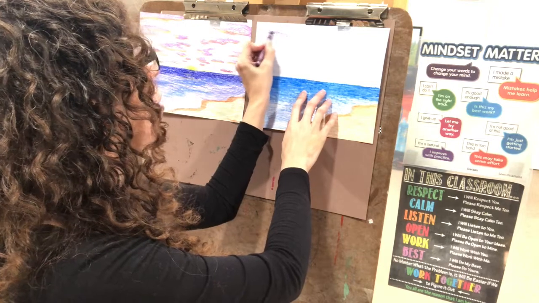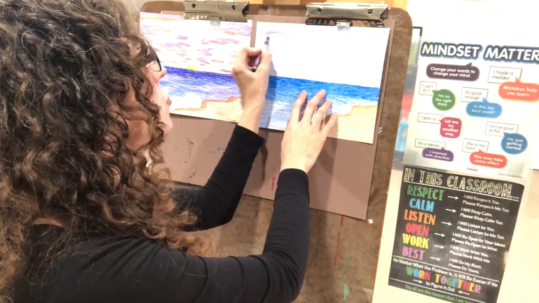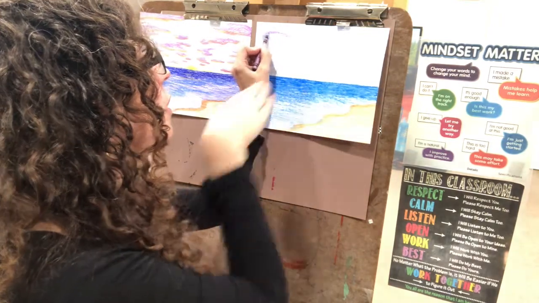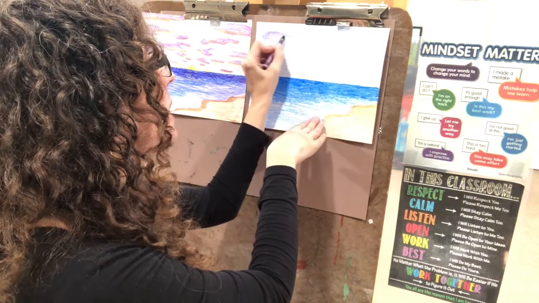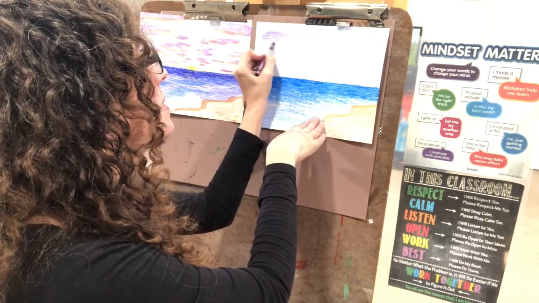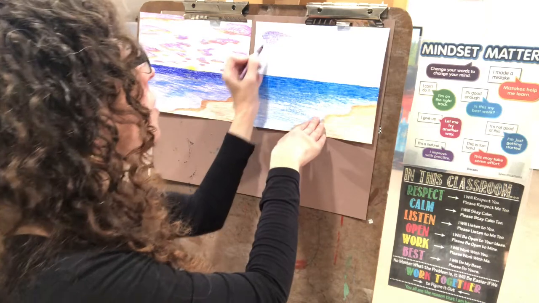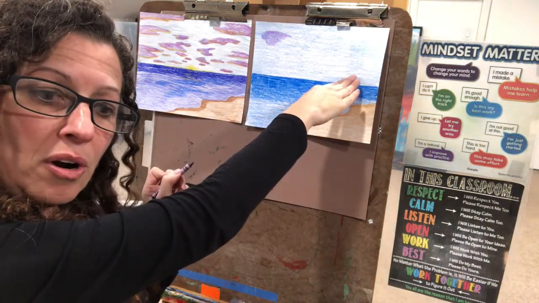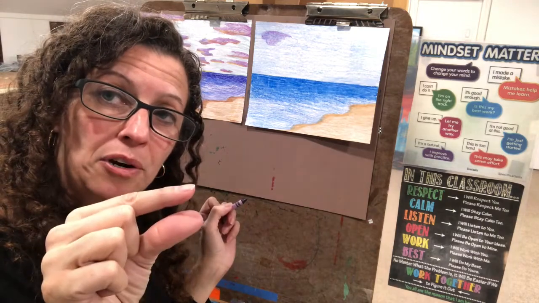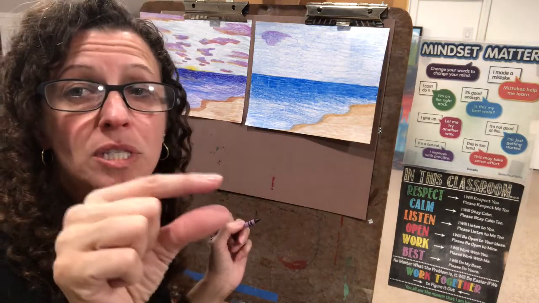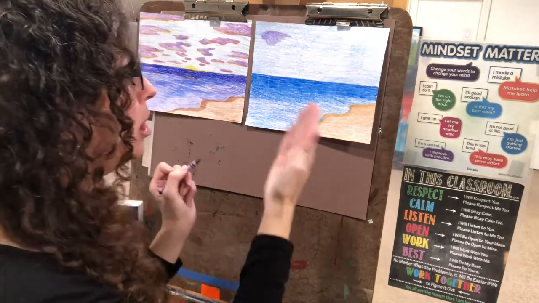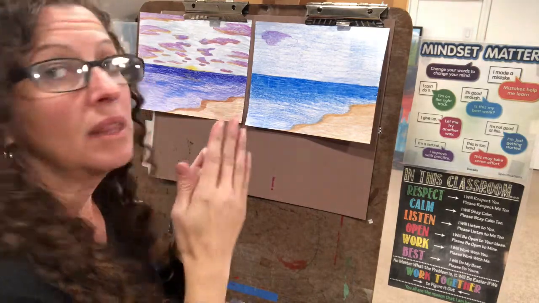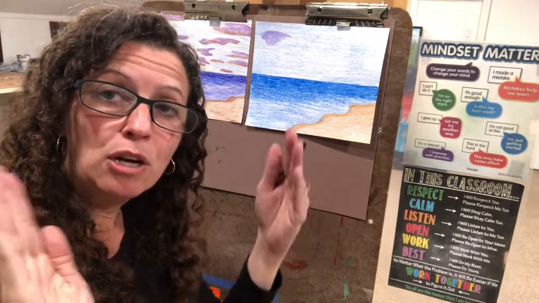Now, another way that artists create that illusion of a 3D space is with size. So the further away things are, the smaller they appear, right? So they're a smaller scale. The closer things are to us, they appear to be larger, right?